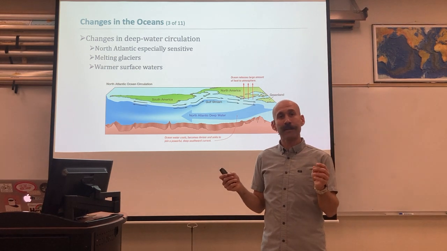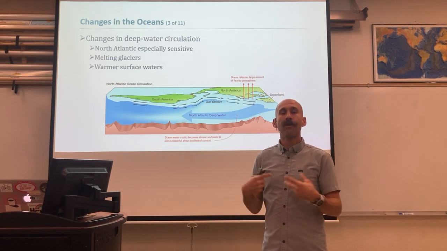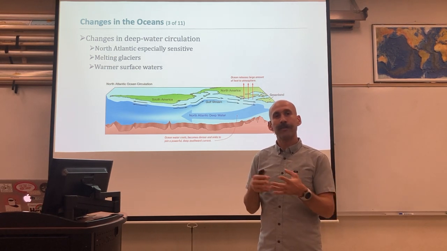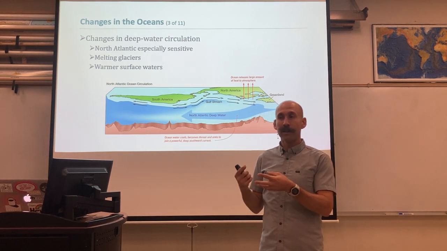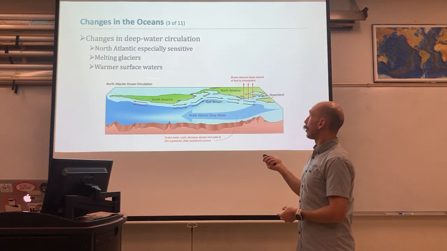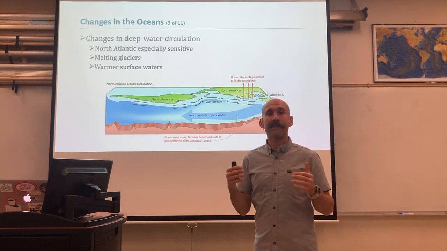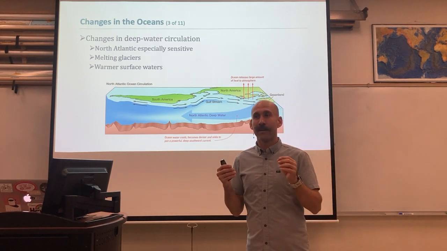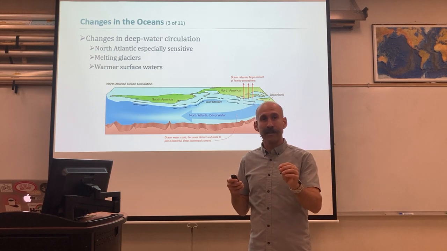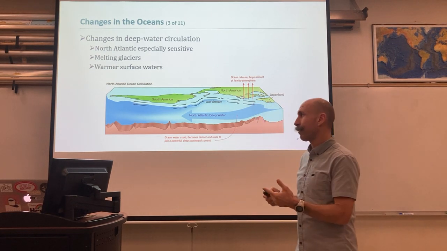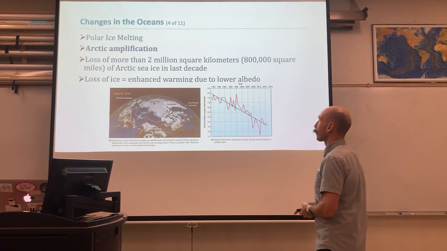This can upset the balance of the global conveyor belt that transports heat around the planet. So, changes in deep water circulation can have immense effects on the heating of lands from the distribution of heat of these deep currents.